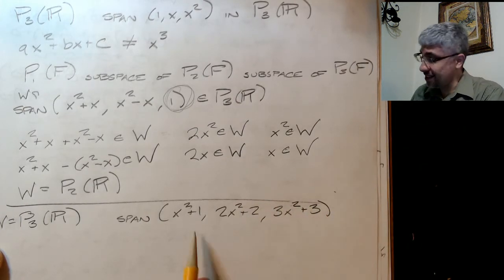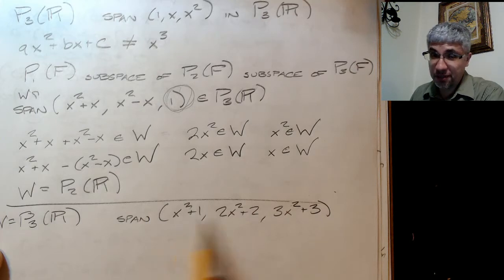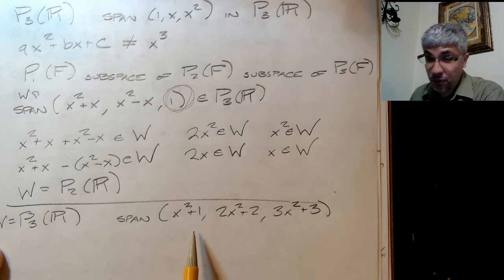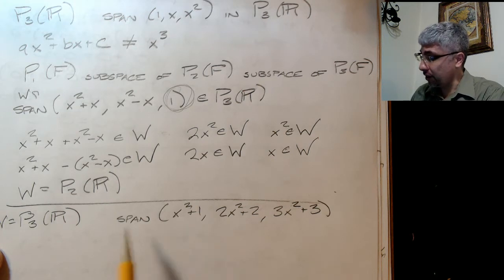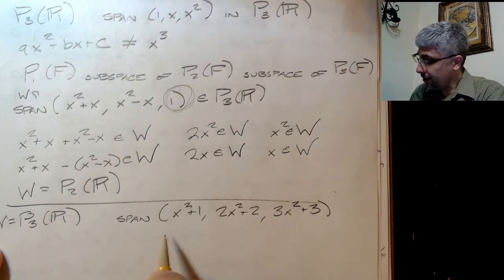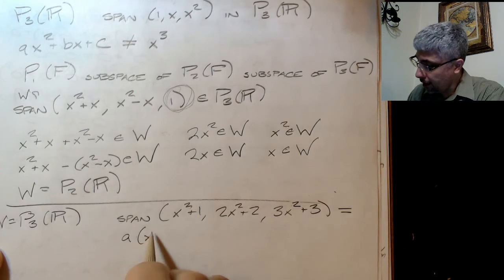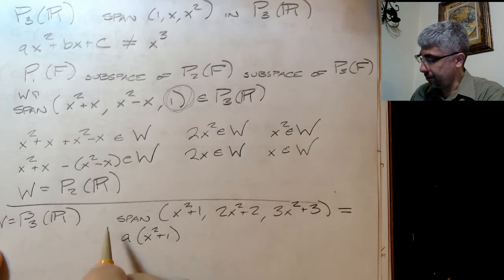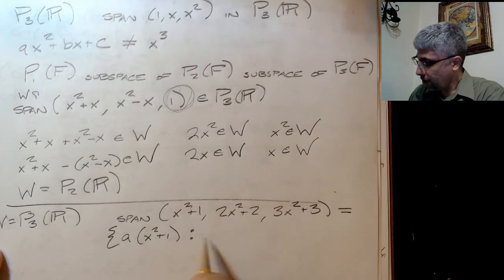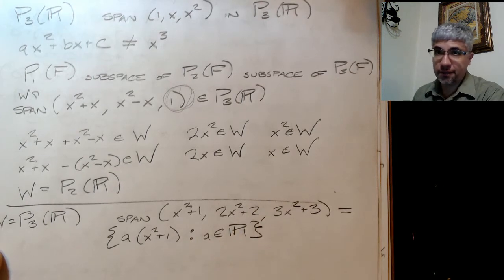Well, that's going to be the same as the span of x squared plus 1, because these are all multiples of x squared plus 1. So we're not going to get all of P2. We're not going to get P1 either. We're going to get something different. What is this equal to? This is going to be equal to the set of a times (x squared plus 1), where a is a real number.